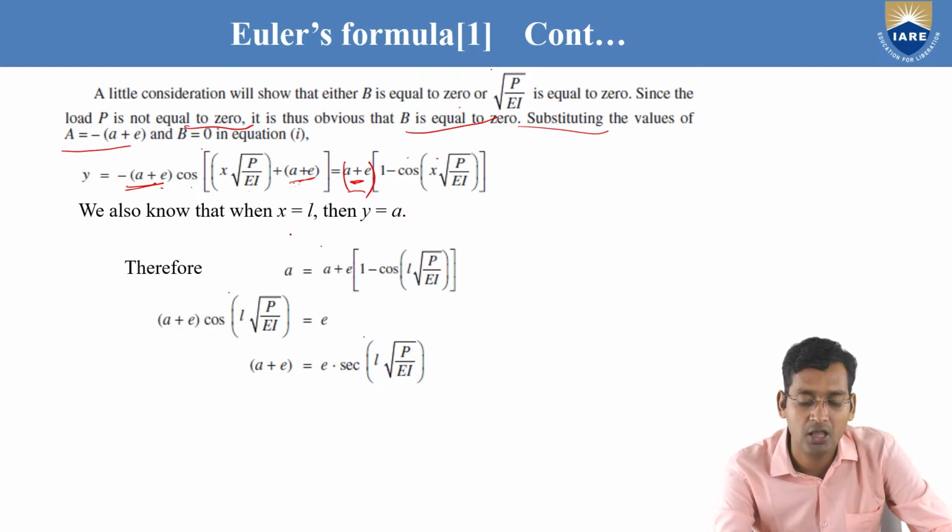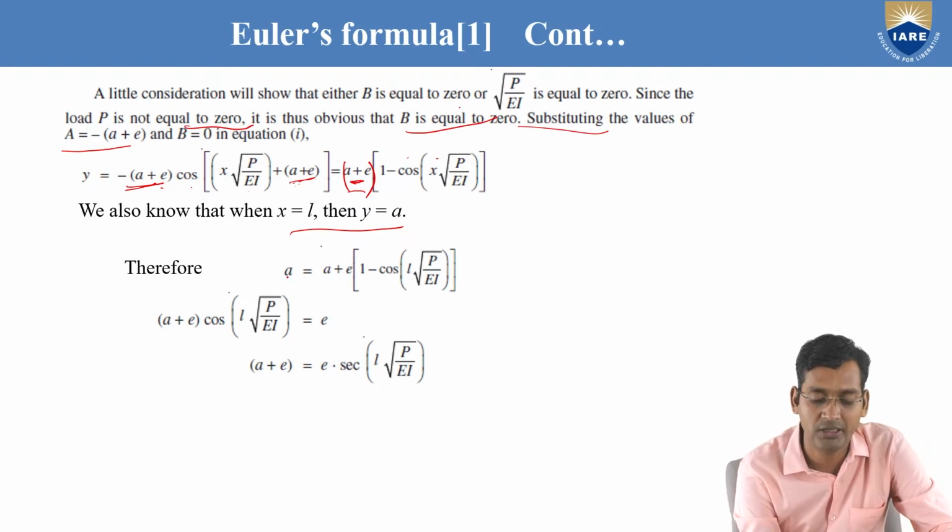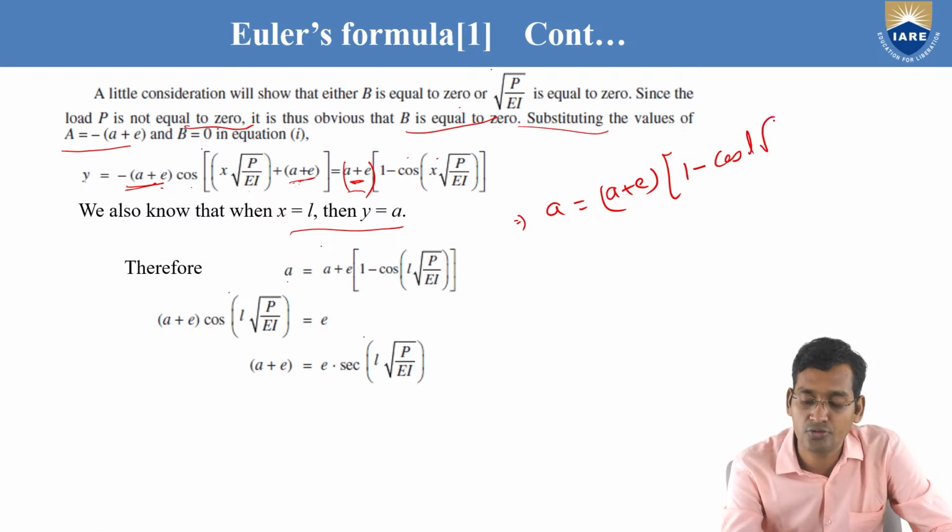At x equals L, y will be the maximum deflection, that is A. So substituting y equals A, A equals A plus E into 1 minus cos of, putting x equals L, L root P by EI.